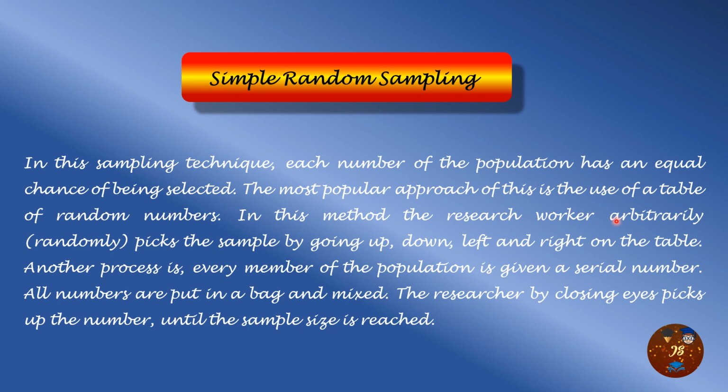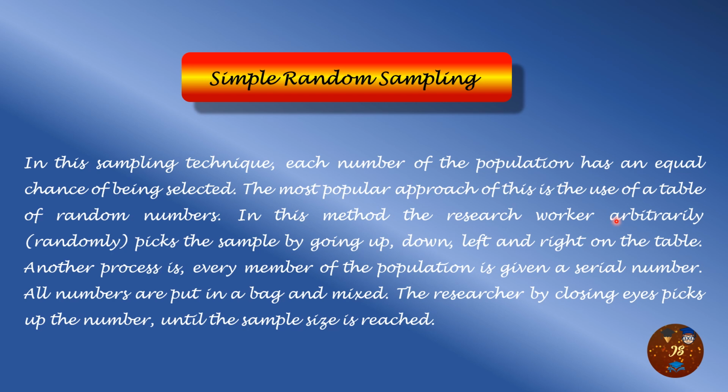Otherwise, if the total population is of 100 persons, then the research worker may think that among 100 persons, 60 will be the sample for the research. Now, each and every person of that particular population is given a serial number, like person number 1, serial number 1, person number 2, serial number 2, likewise up to 100.